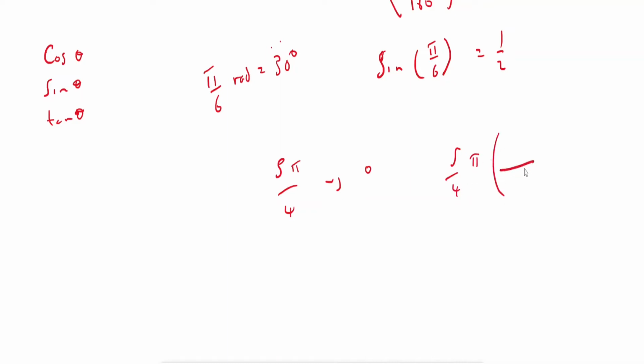Because you want to get rid of radians, you're going to say pi rad is 180 degrees, because you want degrees. So you can see that this is going to cancel this, so you have 5 over 4 multiplied by 180. Whatever answer I get is in degrees, and I get that my angle is 225 degrees.